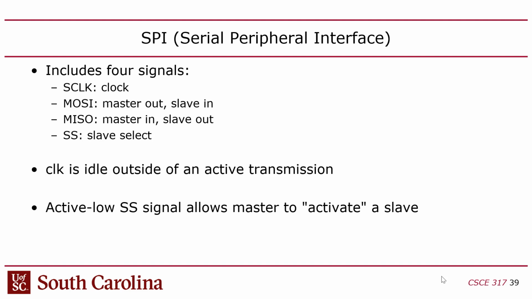Then it keeps it low for as long as the communication is happening, and during that time it's also driving the clock. For the entire time the slave select is asserted, you've got the clock going and bits flowing in both directions. That's basically how it works in a nutshell.